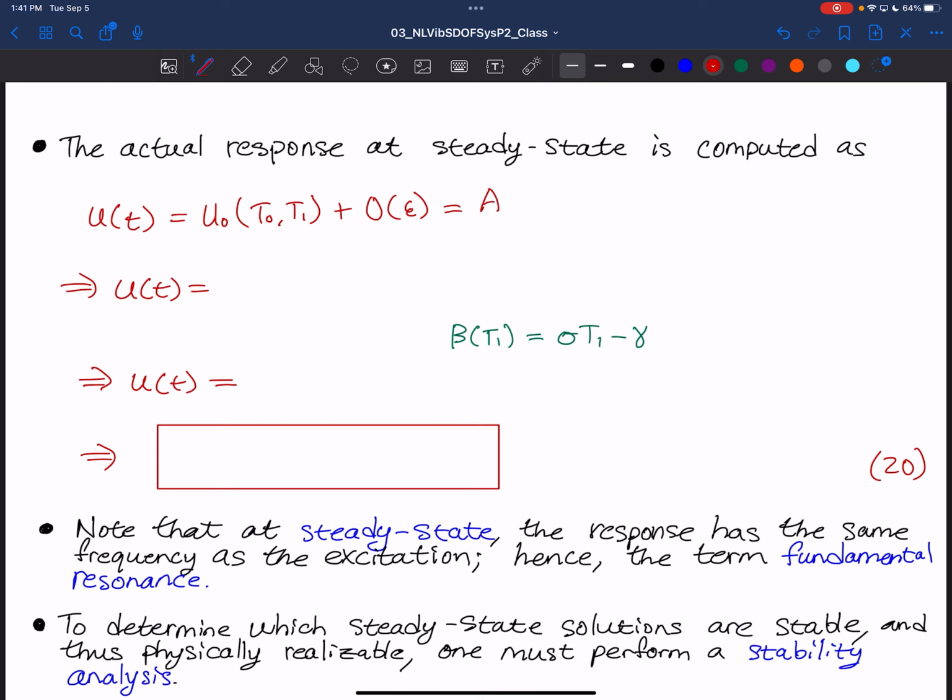And this is then A(T1) e^(j omega0 T0) plus complex conjugate plus order epsilon and above.